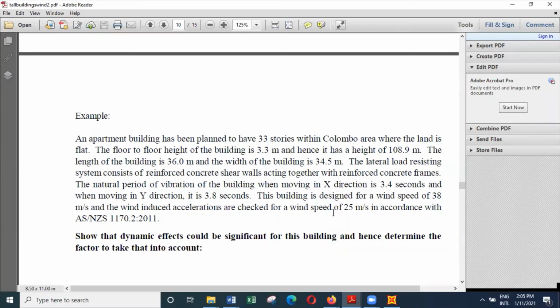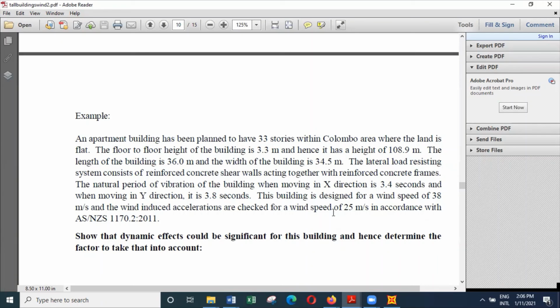So we do not check the accelerations for very high wind speeds. We check them for slightly lower wind speeds that can occur with a return period of about 1 to 2 years, whereas when designing, we use a longer return period.